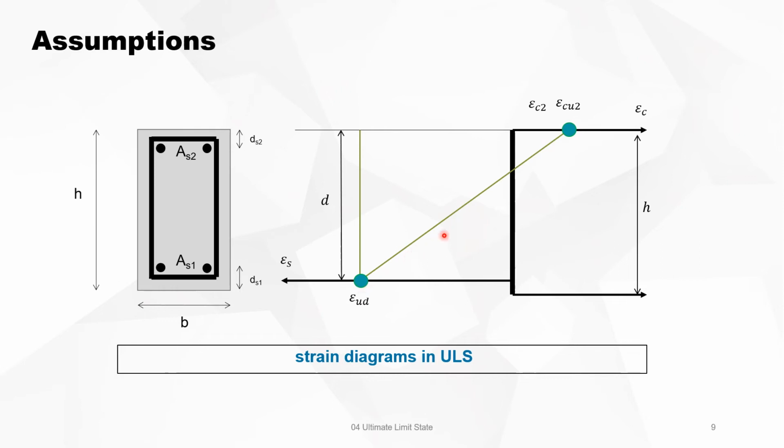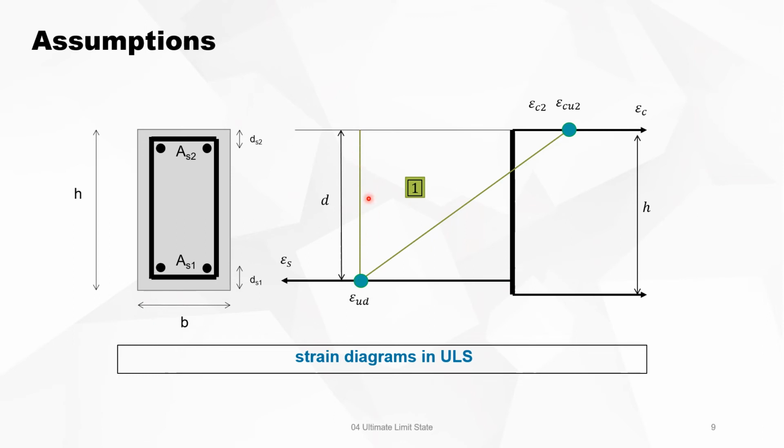You see, this strain diagram is in fact an optimal diagram because we use the concrete to its maximum capacity and we use the steel to its maximum capacity as far as strain is concerned. So we use the materials in an optimal way. Not necessarily economically, but strain-wise, we use it the best. So that's a very special situation there.